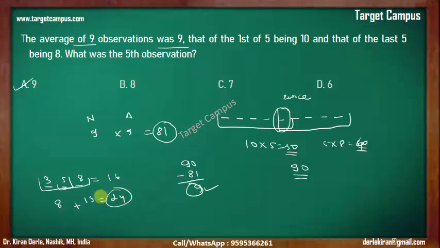What is the difference here? Total would be 21. The difference is plus 5. Why this plus 5? Because we have counted this here also and here also, right? That's why this plus 5 has come here. Similarly, plus 9 has come here, 90 minus 81, right? Hope you're getting this point.